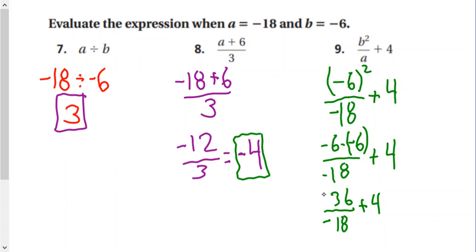So our quotient is going to be negative. 36 divided by 18 is 2. And we got that negative, so our expression turns to negative 2 plus 4. And we can combine. Negative 2 plus 4, we're moving to the right on the number line, and our answer is a positive 2.